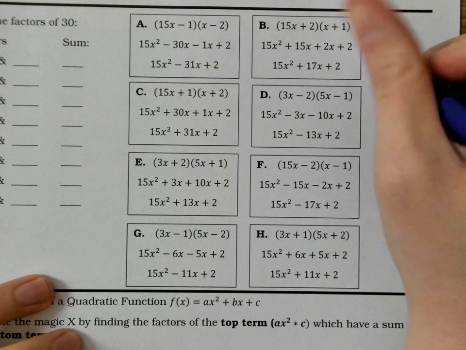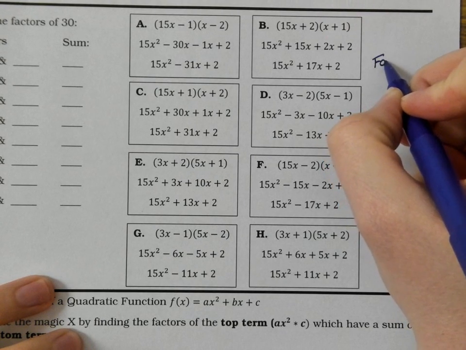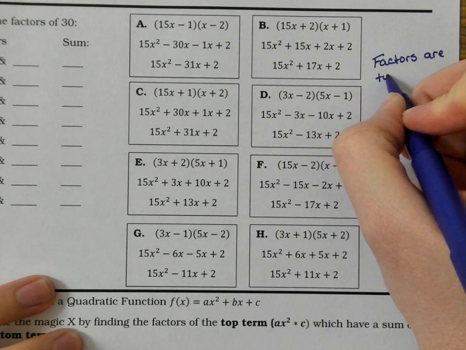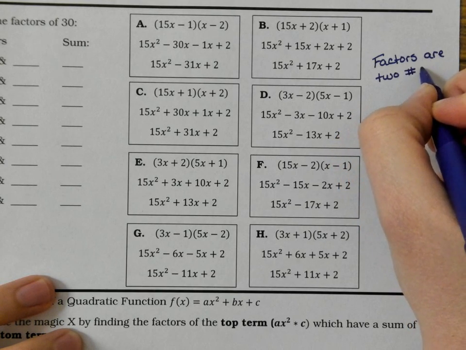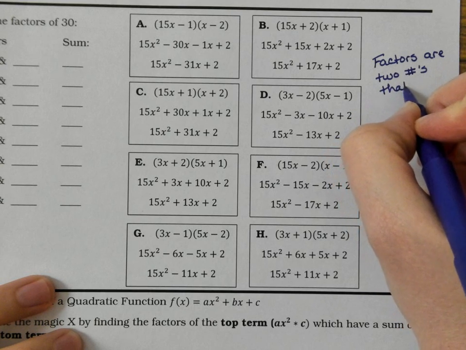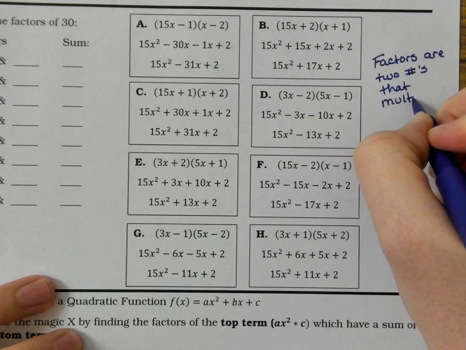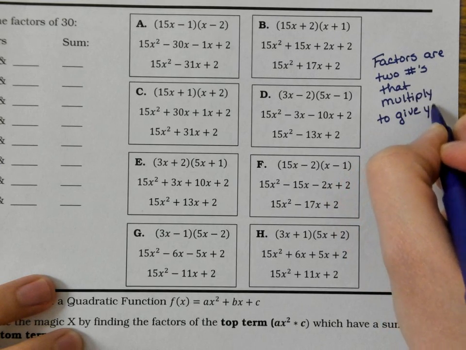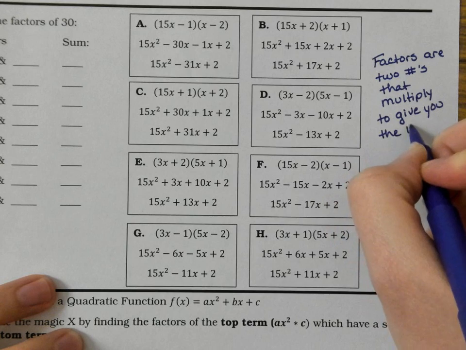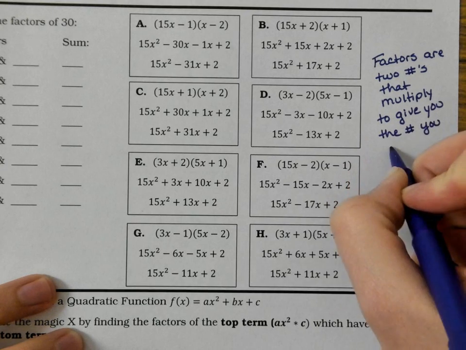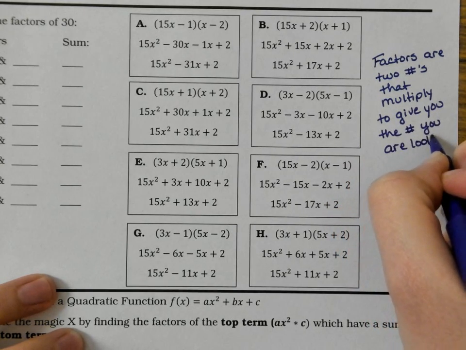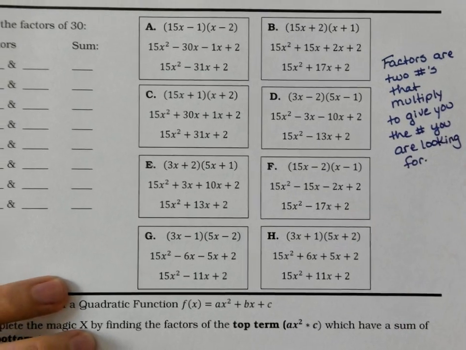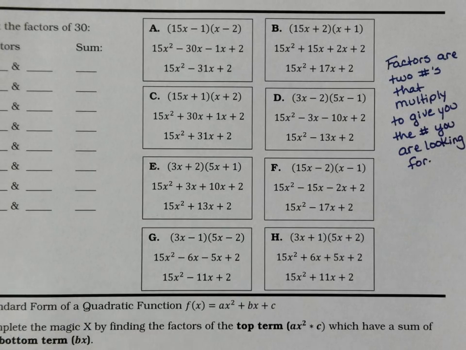Okay, so over here to the side, we're going to write: factors are two numbers that multiply to give you the number you are looking for.